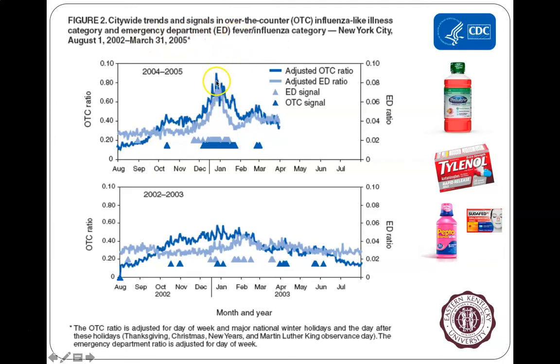You can see just ahead of it in New York City, this is 15-year-old data, the over-the-counter sales were a little bit ahead of the actual visits to the emergency room. Now, not everybody who bought an over-the-counter drug went to the emergency room, but as those sales went up, so did the emergency department visits.